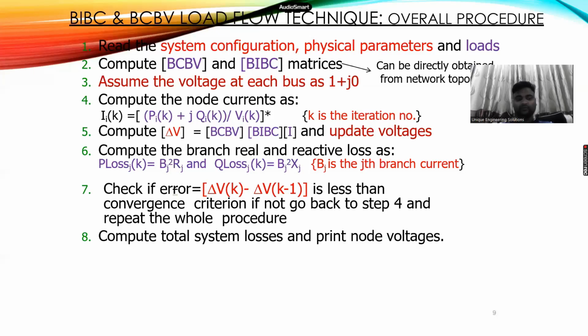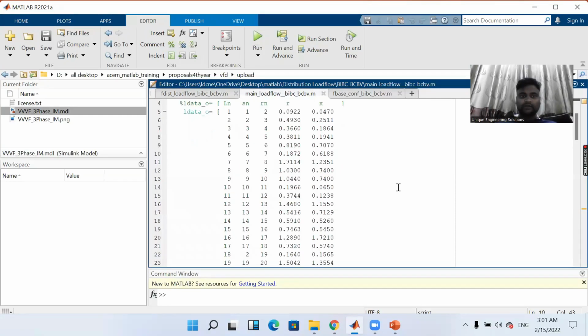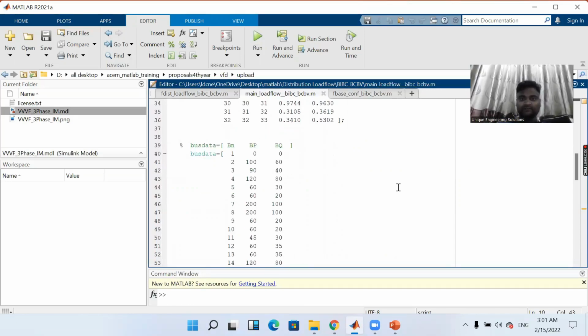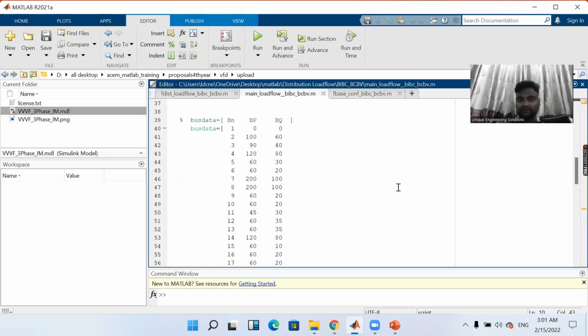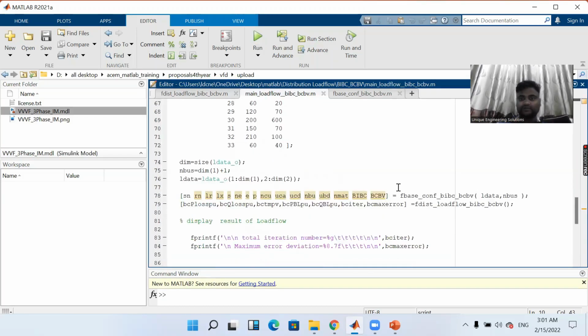Here I have taken the example of the IEEE 33 radial bus system. As I have already told, before going to this method, that is the BIBC and BCBV method, first of all, you should go through the power summation method, which I have already uploaded on my channel, so that we can understand easily.